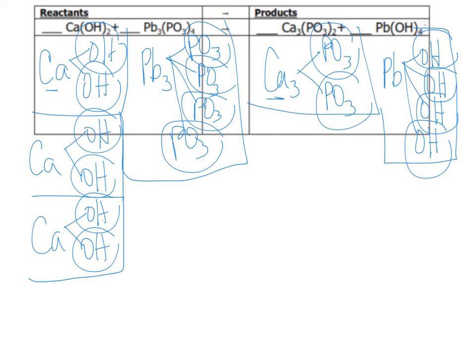Alright, now I'm going to look at Pb. This side has 3, this side only has 1, so I'm going to add 2 more of these.